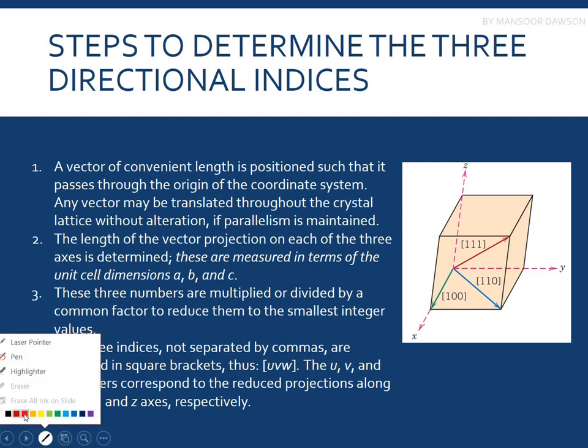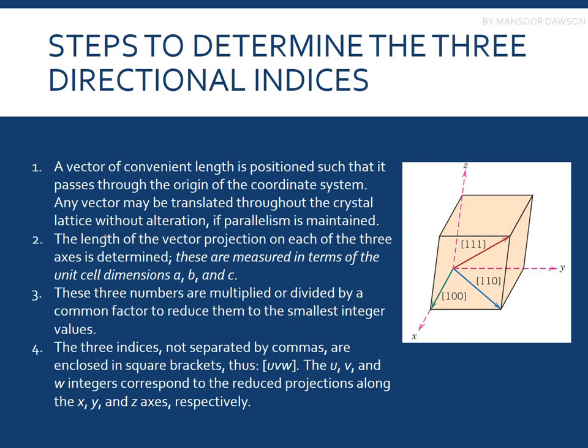So, what does it mean to say that there is a starting point, there is an origin, which would have a certain index, a value of x, y, and z, represented in a square bracket, and the parallel directions would be the same, which we'll be discussing, that there is a family of directions.